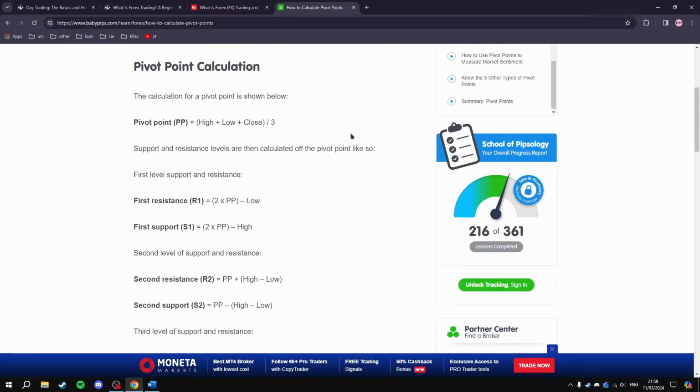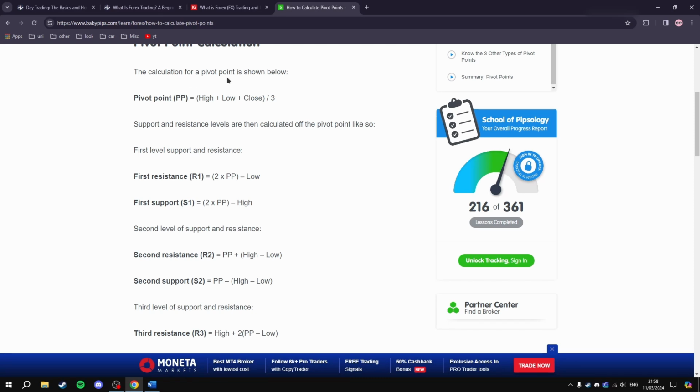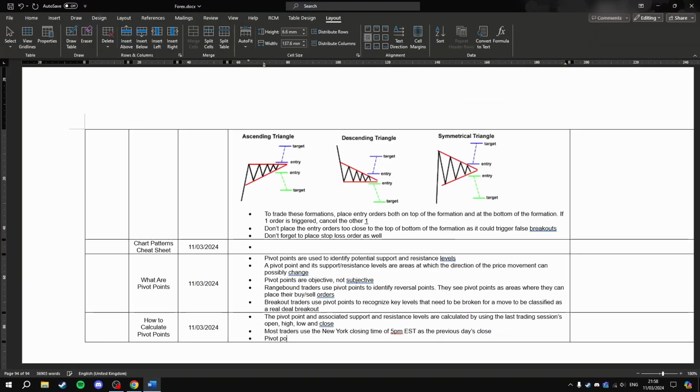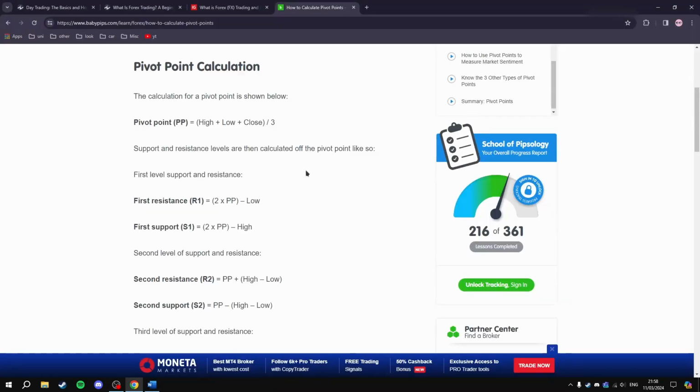Pivot point calculation. The calculation for a pivot point is shown below. Pivot point is equal to high plus low plus close divided by 3. Support or resistance levels are then calculated off the pivot point like so.